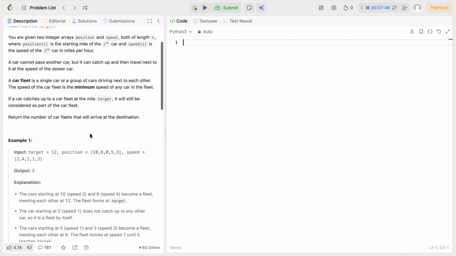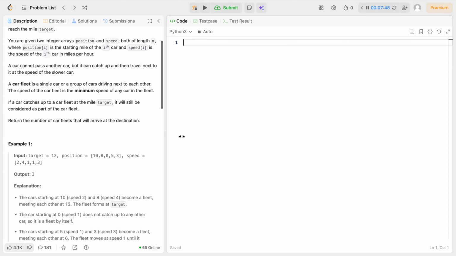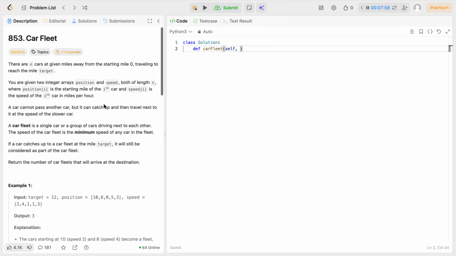Okay, so we read the question, we did a target. Just to go over this, let's write out the function signature. We have a target. There are n cars. Are we given n as well? I don't think so. So we have a position, and let me actually just write the type as well.